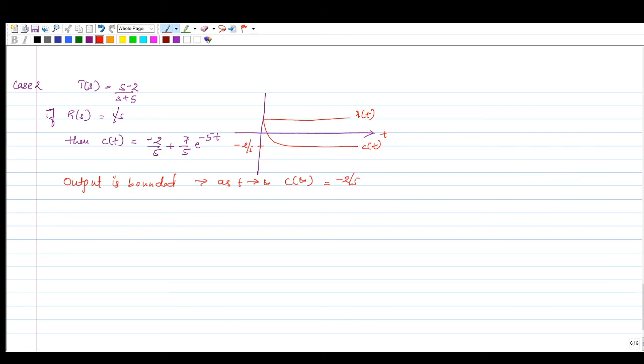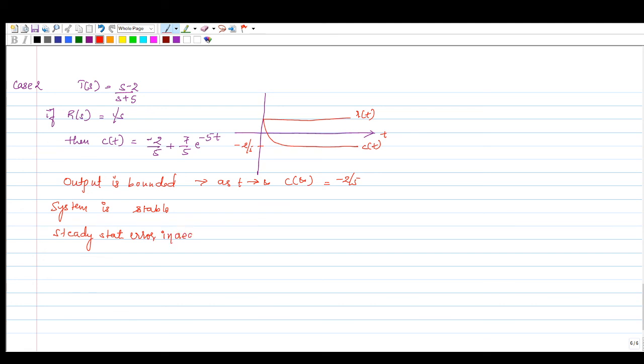So you have a bounded output and the input is also bounded, so the system is stable. But your steady state error increases.